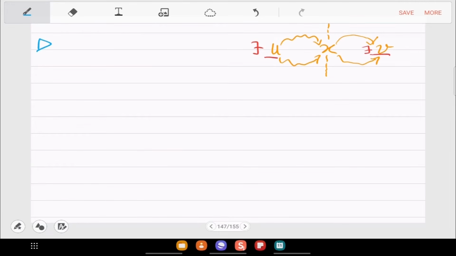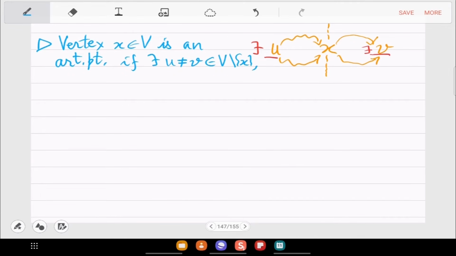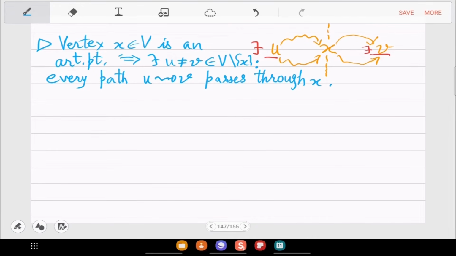So let us record that. Vertex X is an articulation point if there exist U and V, distinct vertices in V minus X, such that every path from U to V passes through X. In fact, I want this as a property, so let me say if and only if.